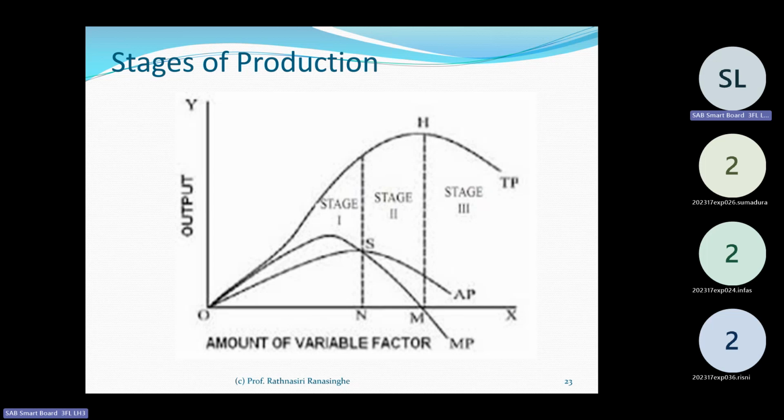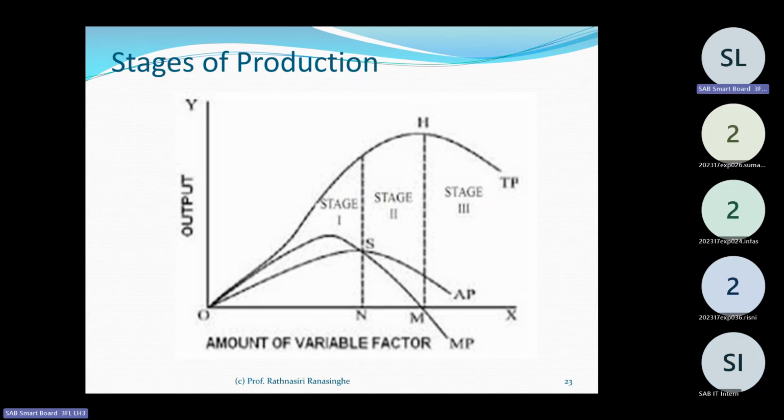You will select stage 2, because even though marginal productivity has decreased, it is still positive. And average productivity is higher than the marginal productivity also. And there is a possibility to use the capital in the maximum possible way in order to reach the maximum output level. So therefore, the rational producer produces in stage 2.